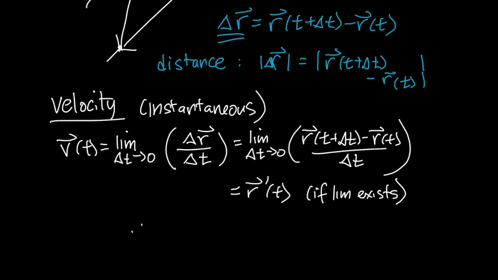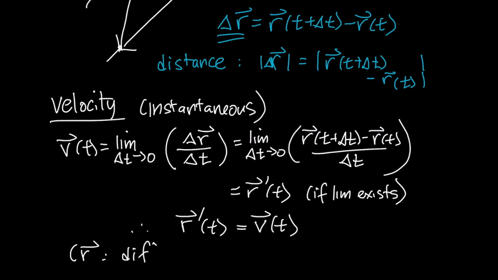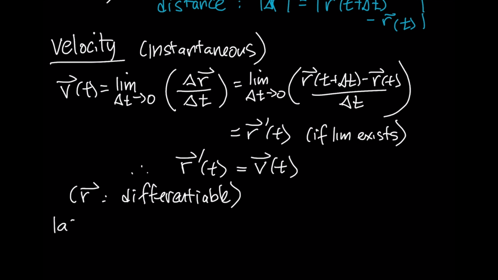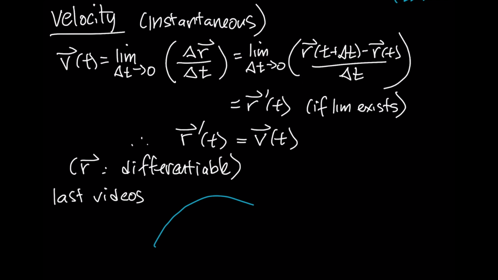r prime of t is the velocity as you move along the curve. If r is not differentiable, you won't be able to calculate this velocity vector. There's a geometric connection as well. If we have a curve, the position is given by this r of t. Here would be the vector r prime of t, which in this definition would be v of t.